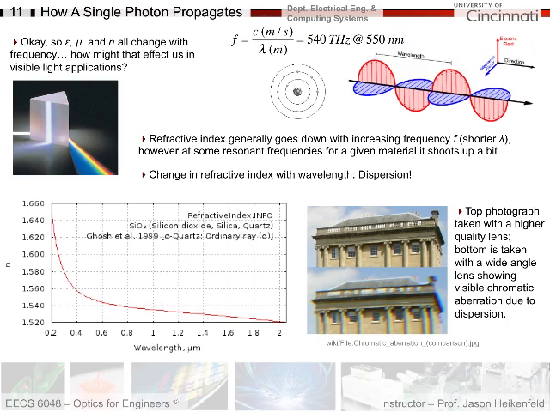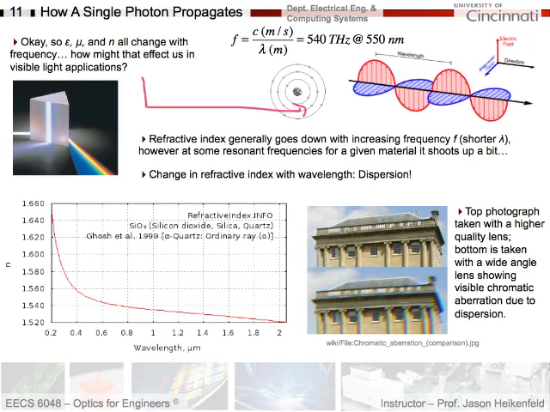Okay? So refractive index is going down as we go to shorter wavelengths, but eventually at some point you hit resonant frequencies for general materials, so it shoots up. So if I'm plotting refractive index versus frequency and I'm going down, refractive index is going down, but then it shoots up because there's a resonance. Then it goes down, then it shoots up because there's a resonance, it goes down and keeps going down.